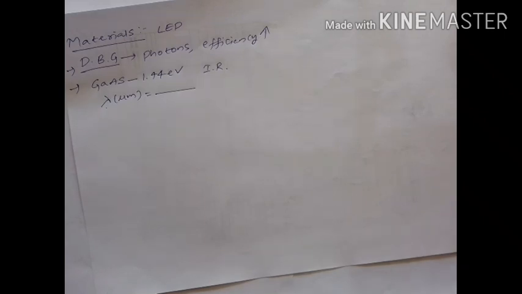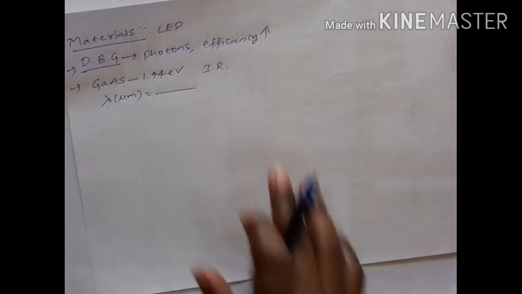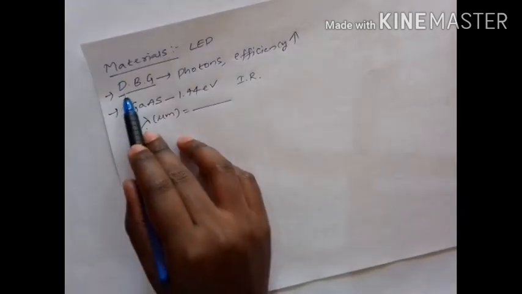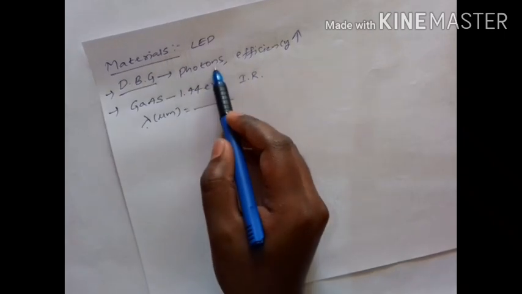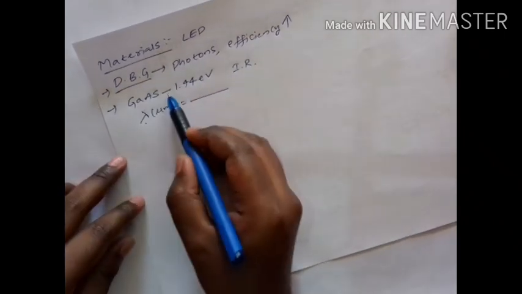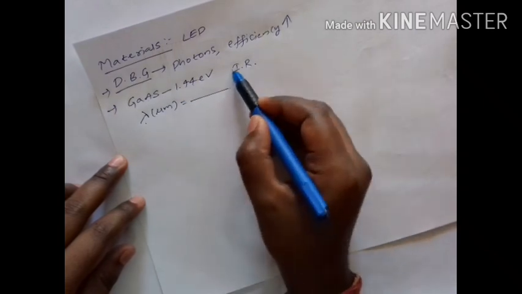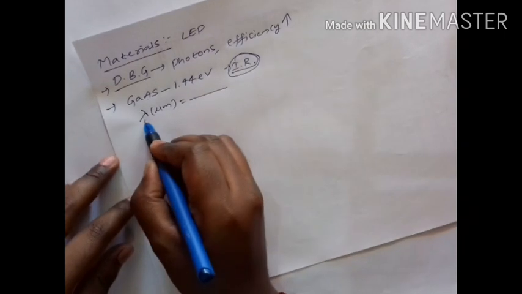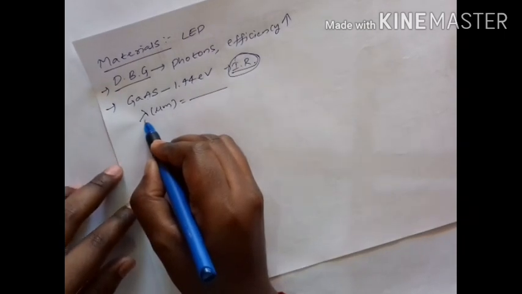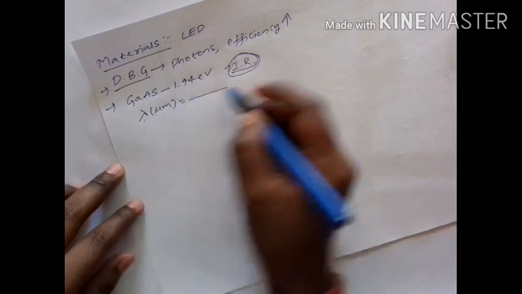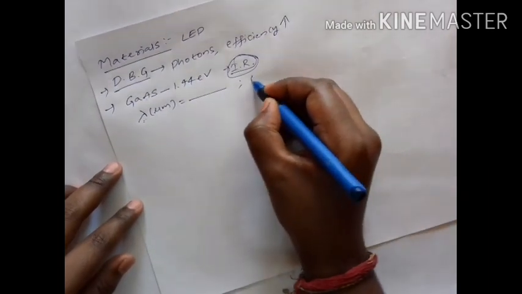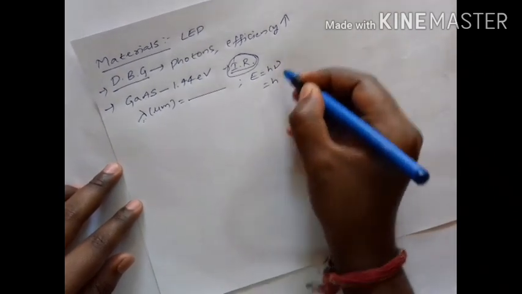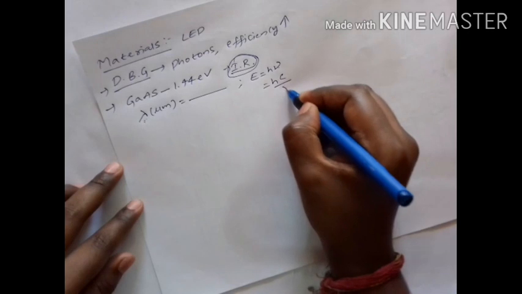Next we will see the materials which are used for the fabrication or construction of LEDs. So LEDs are made up of direct band gap semiconductors because they will emit photons. Gallium arsenide will emit the wavelength in the region of IR radiation, and we can also find the wavelength emitted from a semiconductor by the formula, see, we know from Max Planck's theory, E equal to h mu, and mu can be written as c by lambda.